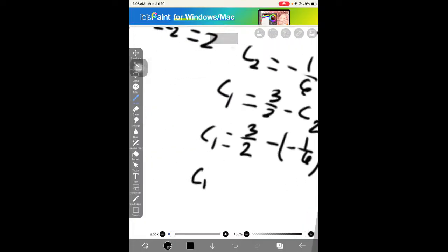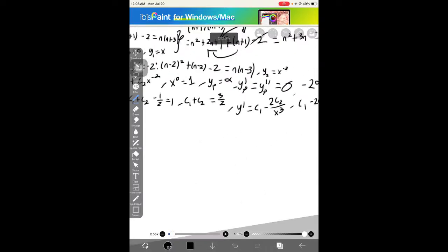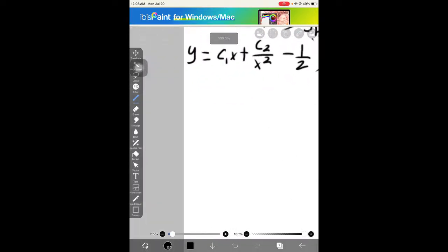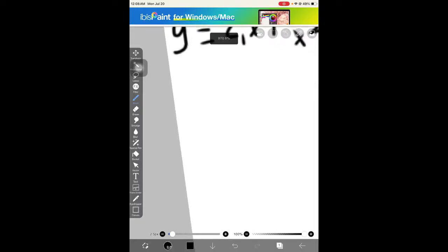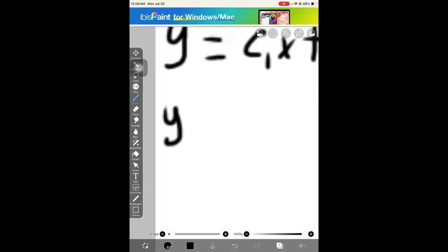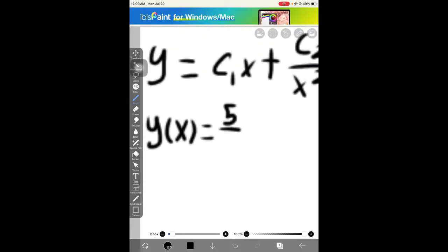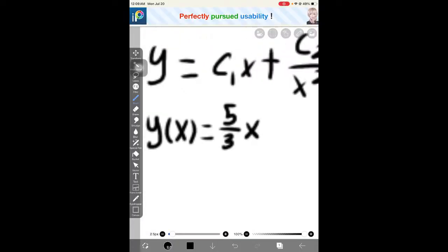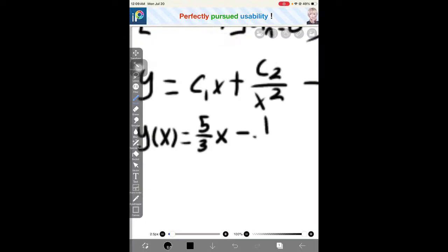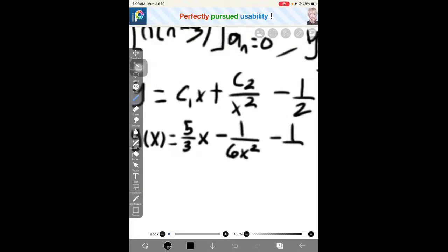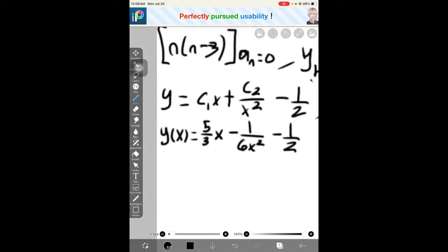Okay, c sub 1 is going to be 5 all over 3, and I'm going to be confident in those constants. So finally, y of x is equals to 5 all over 3 x minus 1 all over 6 x squared minus 1/2. Look at that. We solved it.